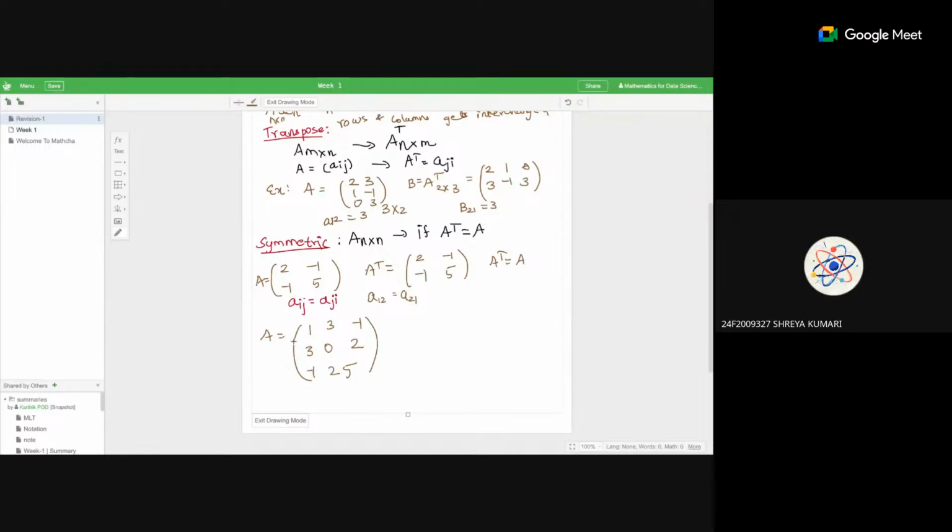Yes, so if A has to be symmetric, then if you know the upper triangular part, you know the lower triangular part as well, or vice versa. So you all understand what are symmetric matrices? Okay, fine.